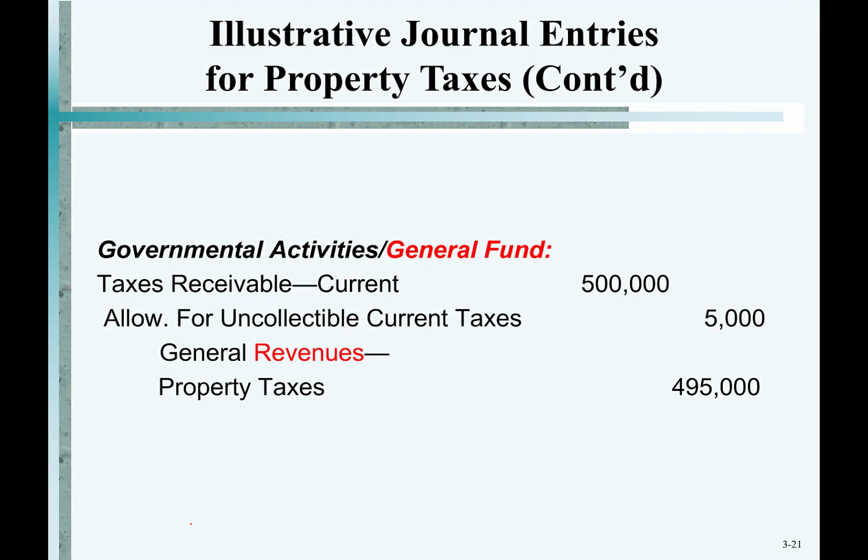Now, why do we do this? Are taxes an exchange transaction or non-exchange? Good, excellent. Taxes are non-exchange, which means what? You give the government your money and you say, please, police, be there when I need them, right? And so what happens?